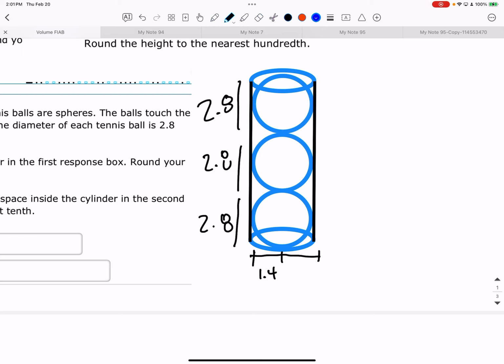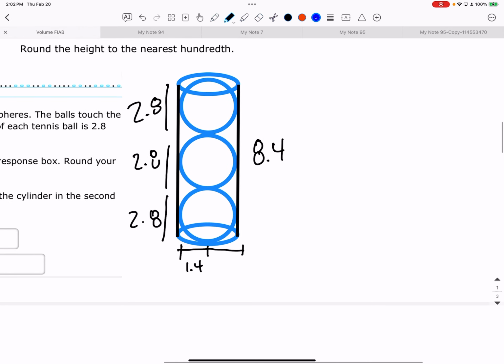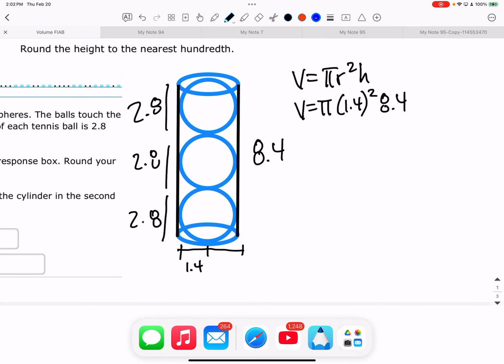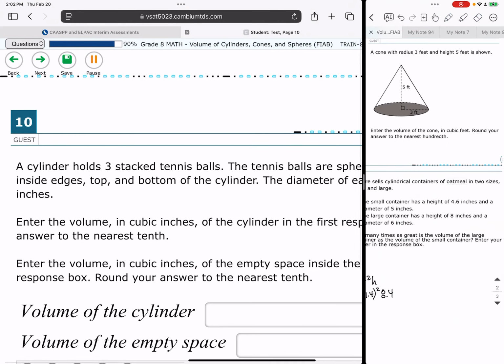So if I do 2.8 times 3, that equals 8.4. That's how tall this whole thing is. If I want to know how big the container is, volume equals pi r squared times height. Volume equals pi times the radius, 1.4, squared, times 8.4.